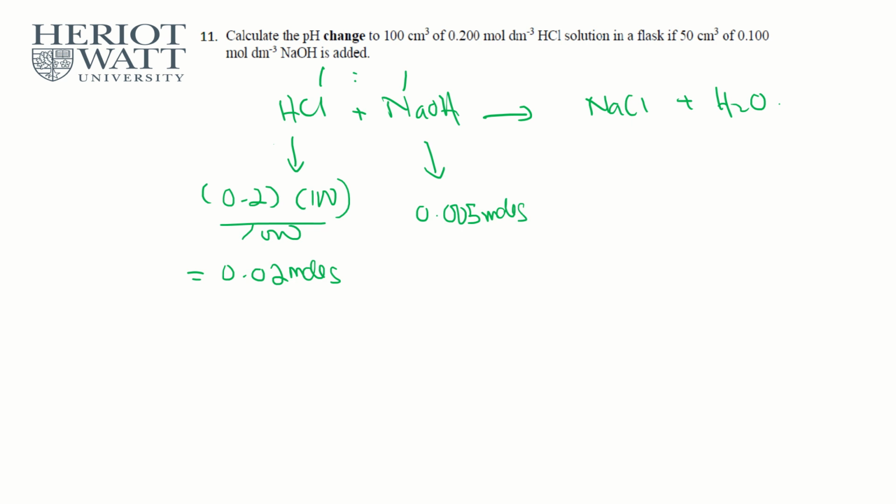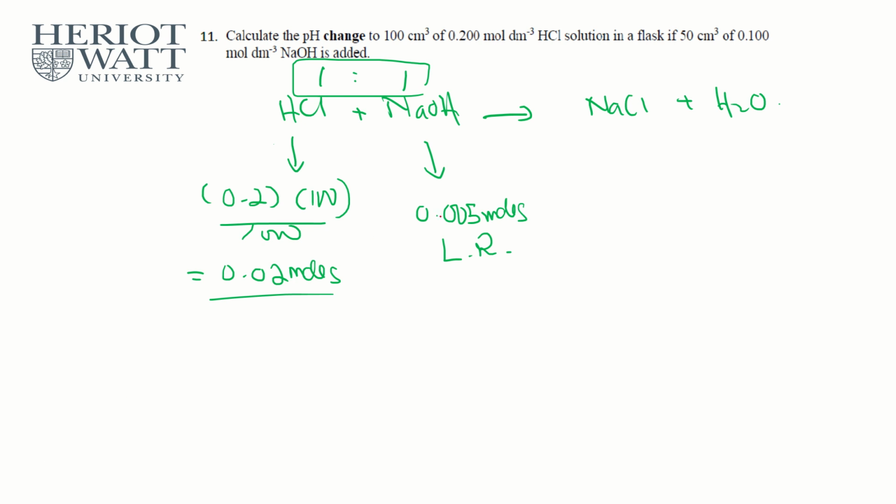Now that's the moles. Again, which one is in excess, which one is limiting? Now, good thing is this is 1:1. See that? So I can take the smaller one and straight away say that is the limiting reagent, because it's smaller. So this one is in excess, right? And how many moles of HCl do we need to react with NaOH?